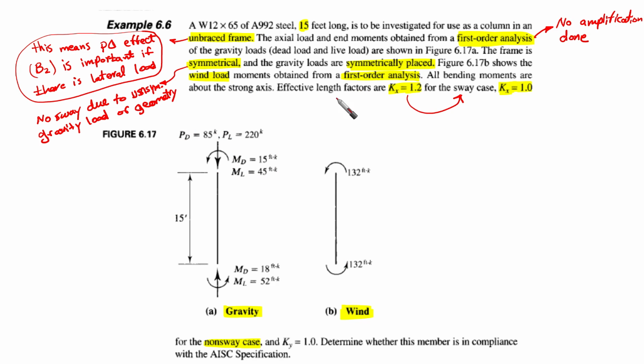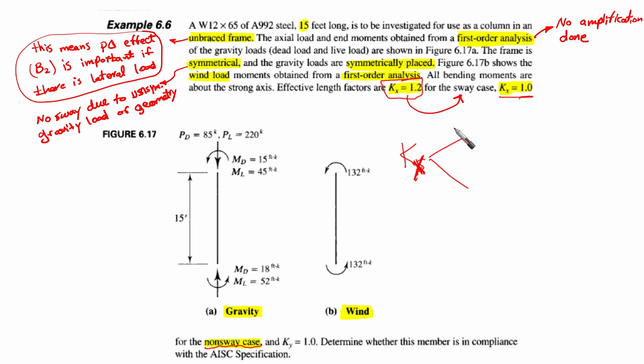And then the effective length factors are Kx equal 1.2 for the sway case and Kx equal 1 for the non-sway case. Yes, this is an important issue. Sometimes this Kx, the effective length factor, is given different.